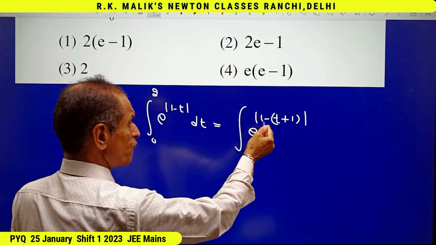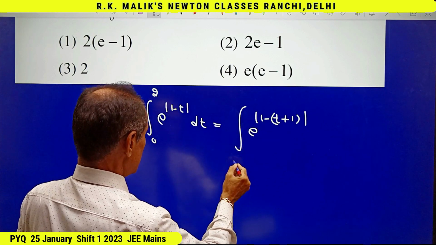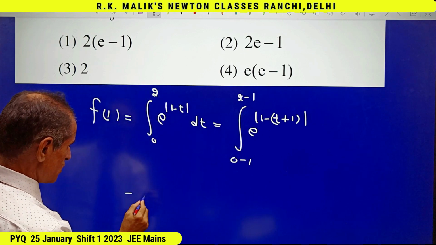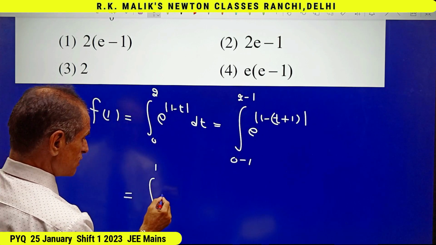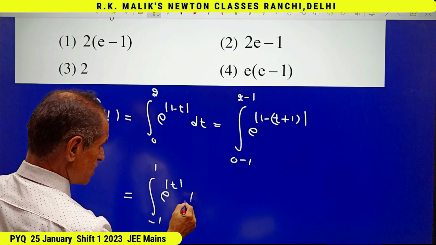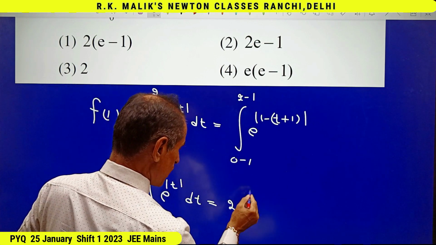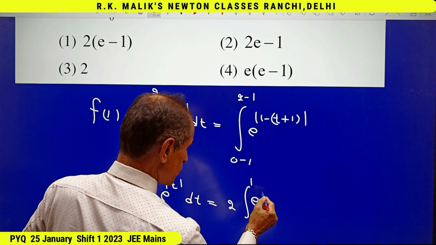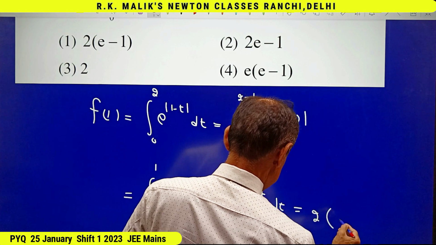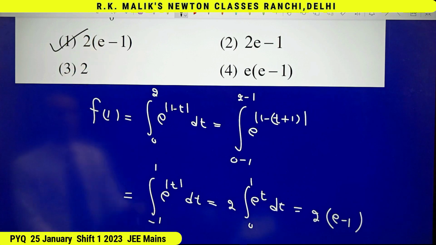The benefit will be 1 will get cancelled. And if I am writing t plus 1 for t, here I will have to subtract, so minus 1 to 1 of e^|minus t|, which means e^|t| dt. And because it is an even function, it is 2 times the integral from 0 to 1 of e^t dt. That is 2 times (e minus 1). Hence, I can say the first choice is the correct choice.